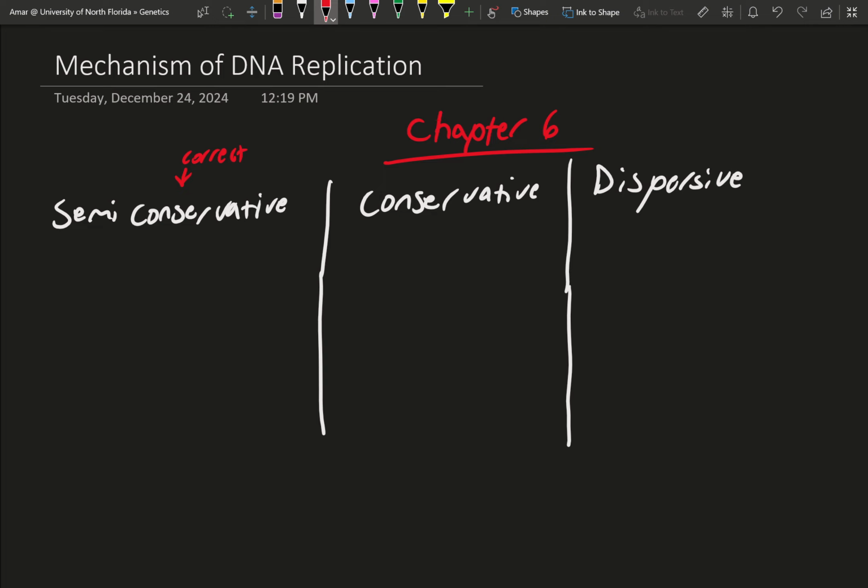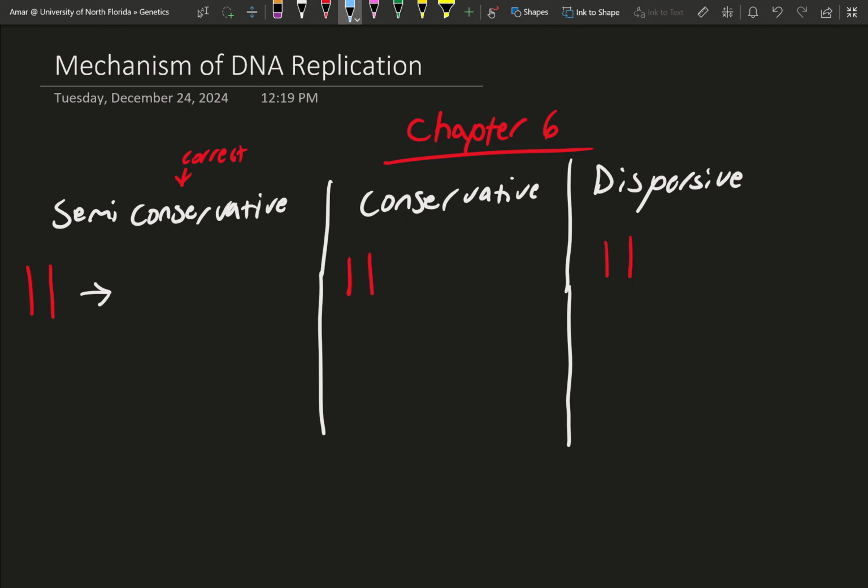To begin with, semi-conservative is essentially the model that predicted that if these two parental strands were replicated, you would end up with a duplex that had one parental strand and one newly synthesized strand. So we can say that the red chromosomes are the parental strands, and the blue chromosomes are the newly synthesized strands.